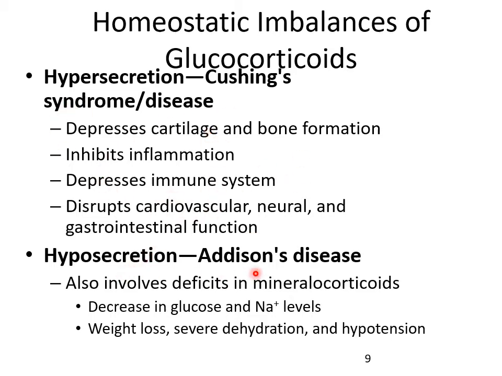Hyposecretion causes Addison's disease, and that can also involve deficits of your mineralocorticoids, or the one, aldosterone, that regulates sodium we were talking about earlier. So you have a decrease in glucose and sodium levels. It can result in weight loss, severe dehydration, and hypotension.